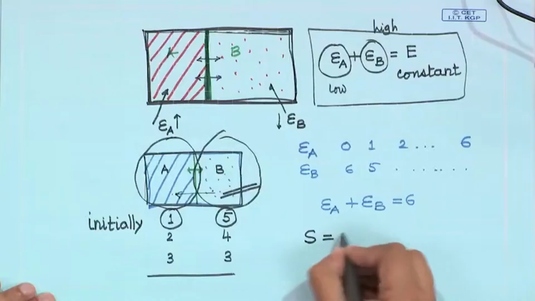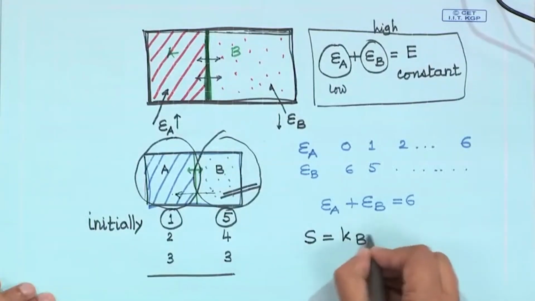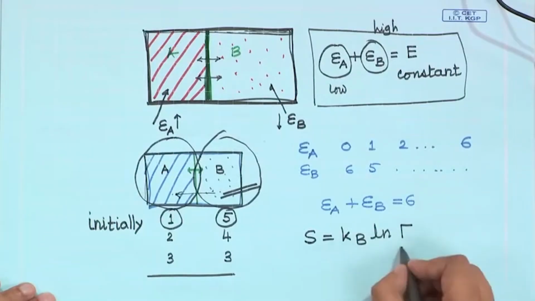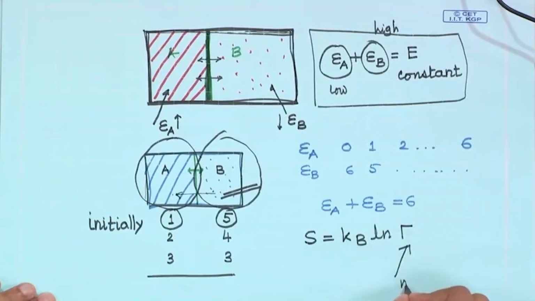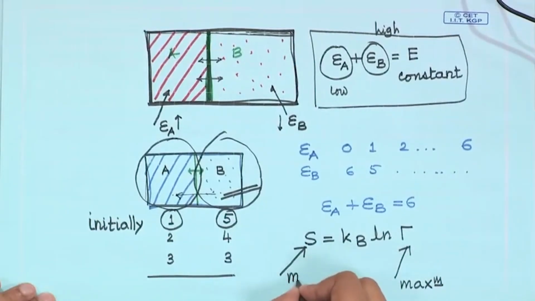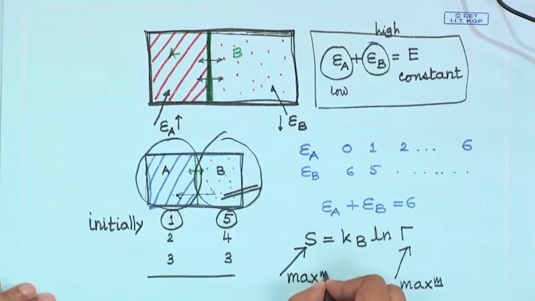Therefore, we justify the use of the Boltzmann hypothesis saying that S is equal to Kb ln gamma. So, at equilibrium, when gamma is maximum, I understand at the same time S is also going to be maximum.